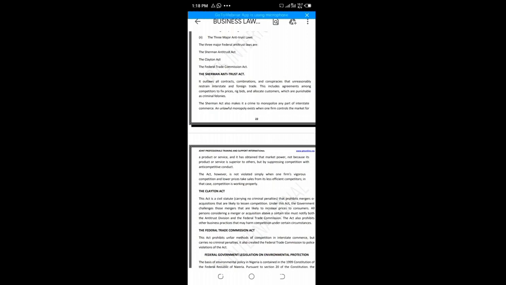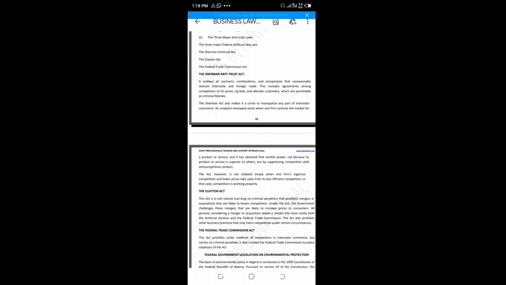The Clayton Act prohibits mergers or acquisitions that are likely to lessen competition. Under this act, the government challenges those mergers that are likely to increase prices to customers. All persons considering a merger or acquisition above a certain size must notify the Antitrust Division.